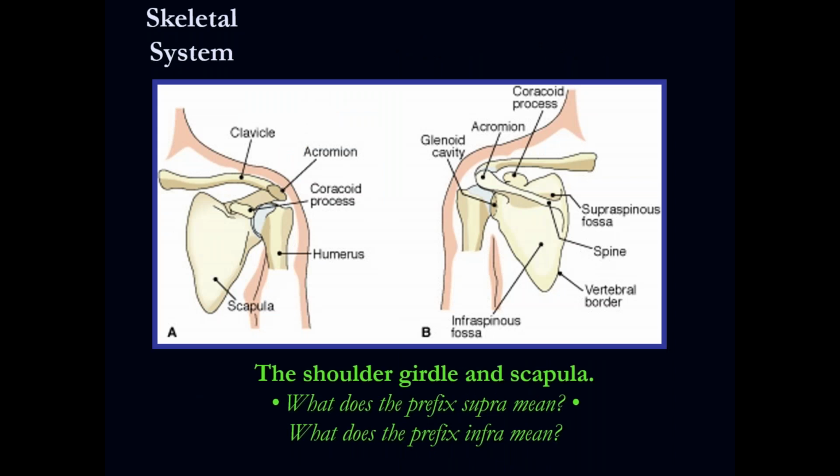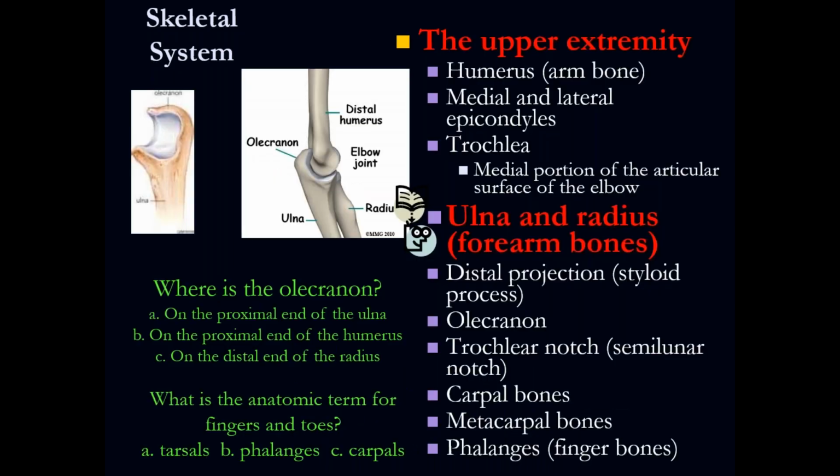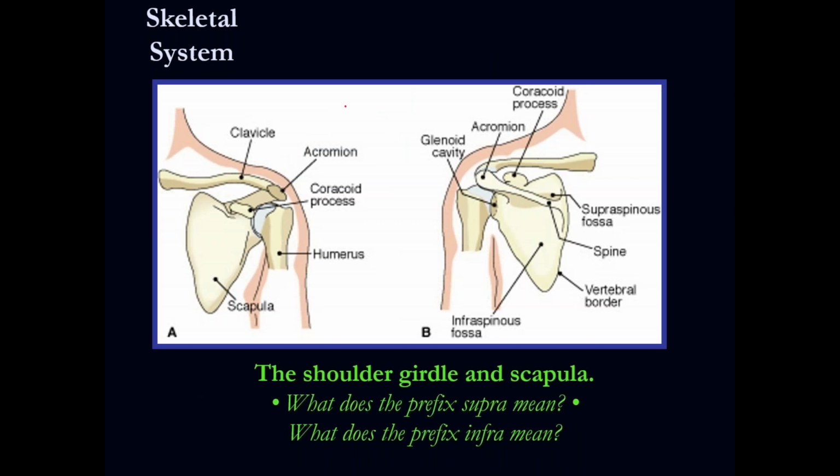All right, talking about the upper extremity, remember your anatomical position, right? Your anatomical position tells you that the forearm is composed laterally by the radius and medially by the ulna.